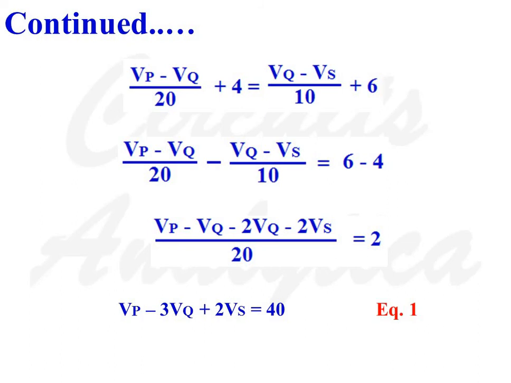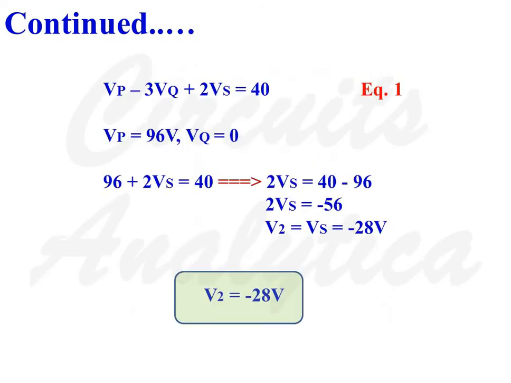So rearranging the terms we can write Vp minus 3Vq plus 2Vs is equal to 40, equation number 1. Vp is equal to 96 volt and Vq is equal to 0 volt. So from equation 1 we can write 96 plus 2Vs is equal to 40.